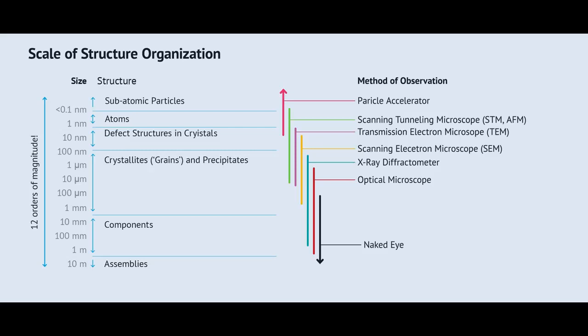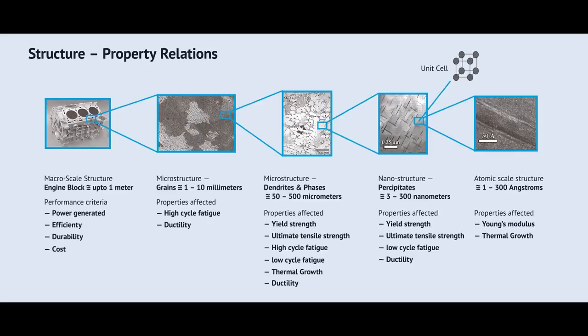These levels of structure are responsible for different types of material properties. Our first task is to define what level of structure is responsible for what kind of material property. The last slide of this lecture gives you some insight on these relations. For example, one can see that atomic structure defines Young modulus or elastic modulus, which we discussed before.